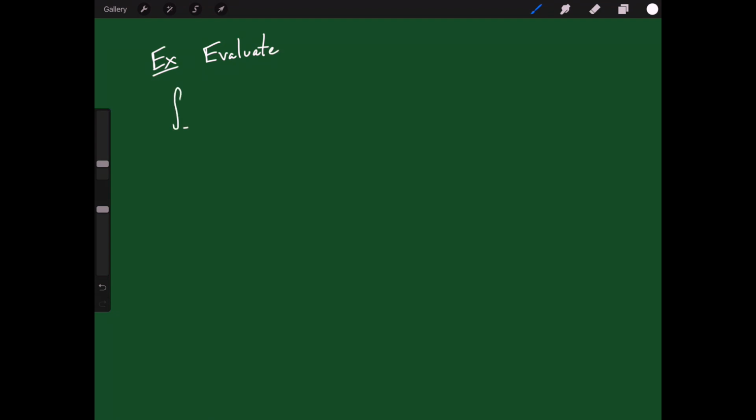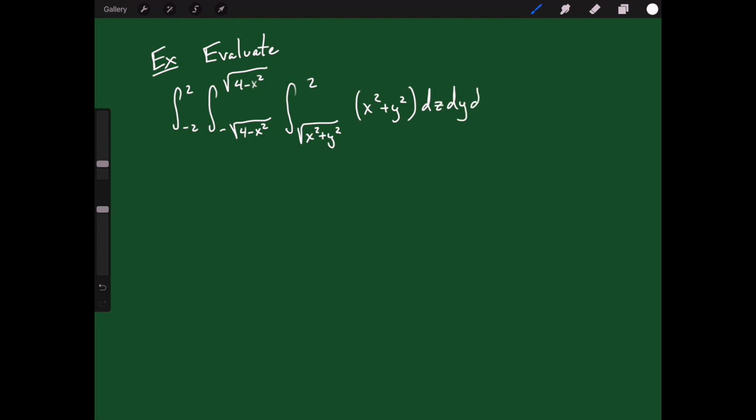So I'm going to have from -2 to 2, and then integral from -√(4 minus x squared) to √(4 minus x squared) of integral from the square root of x squared plus y squared to 2 of x squared plus y squared dz dy dx.